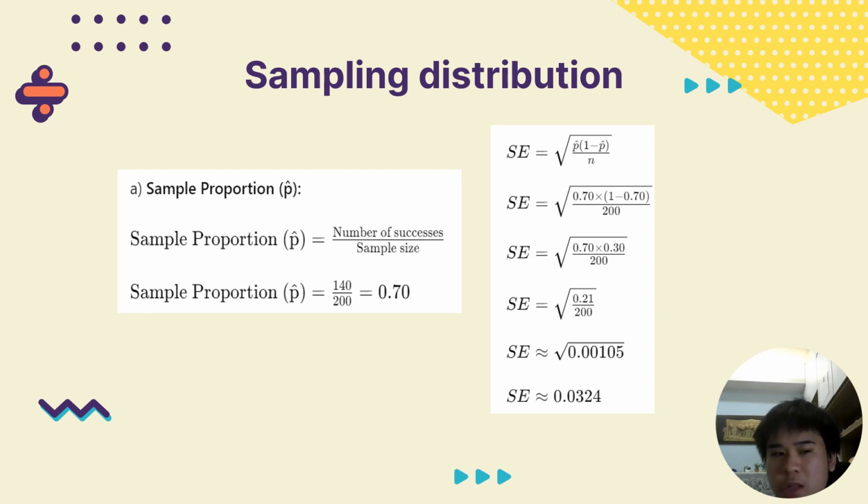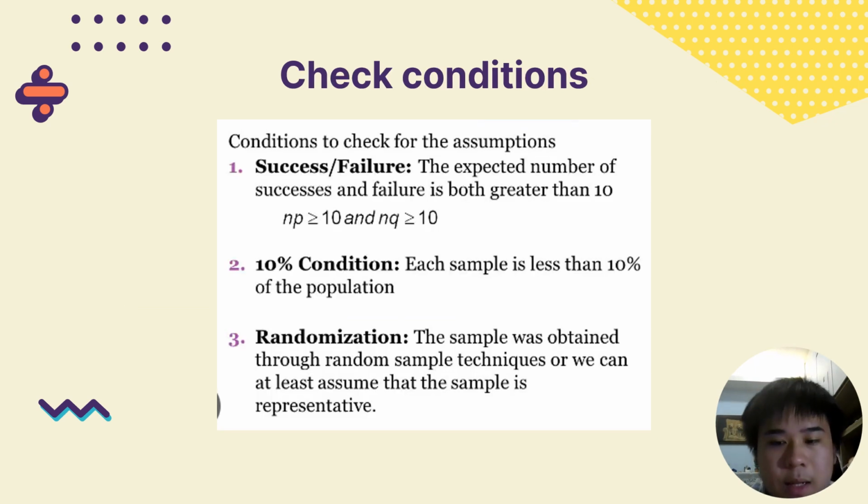Now, for the standard error, from the formula sheet, it will be the square root of p hat times 1 minus p hat over n. So basically, we have 0.7 times 1 minus 0.7 over 200. So that's 0.7 times 0.3 over 200. And then you square root that number, and the standard error will be approximately 0.0324. Just plug it into the equation.